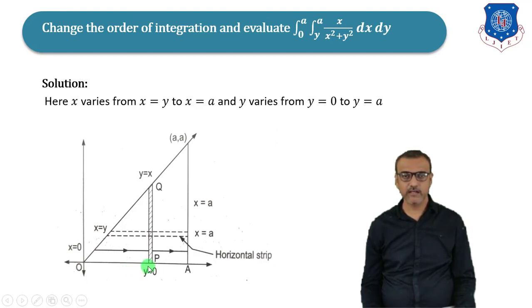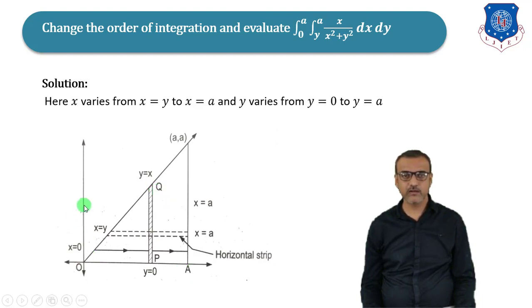Now for the inner limit of y, we will draw a vertical strip, that is this one. This strip will meet the line y equals 0 at this point, and it will meet the line y equals x at this point. So y will vary from 0 to x.